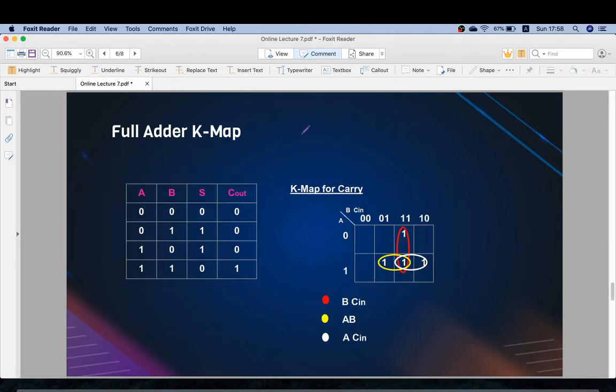Now we will make the K map for the C out, or the carry out. So let's draw the K map for this.